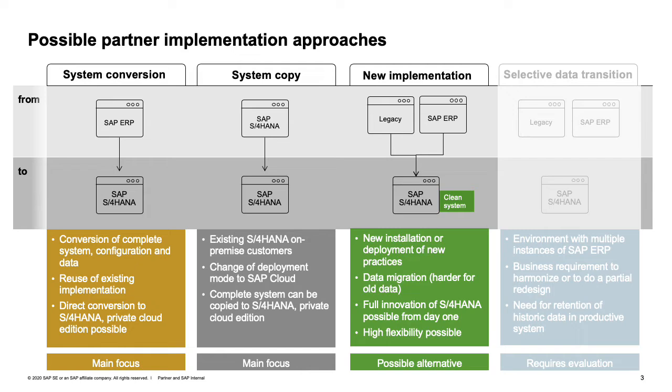This scenario includes multiple use cases like, for example, the merge of multiple systems, being SAP or non-SAP, and the partial and selective migration of existing systems into S4HANA. This scenario is also normally quite heterogeneous in terms of the methodologies and tools that are used, and for these reasons, we normally require an additional evaluation to determine if it is possible in this context.